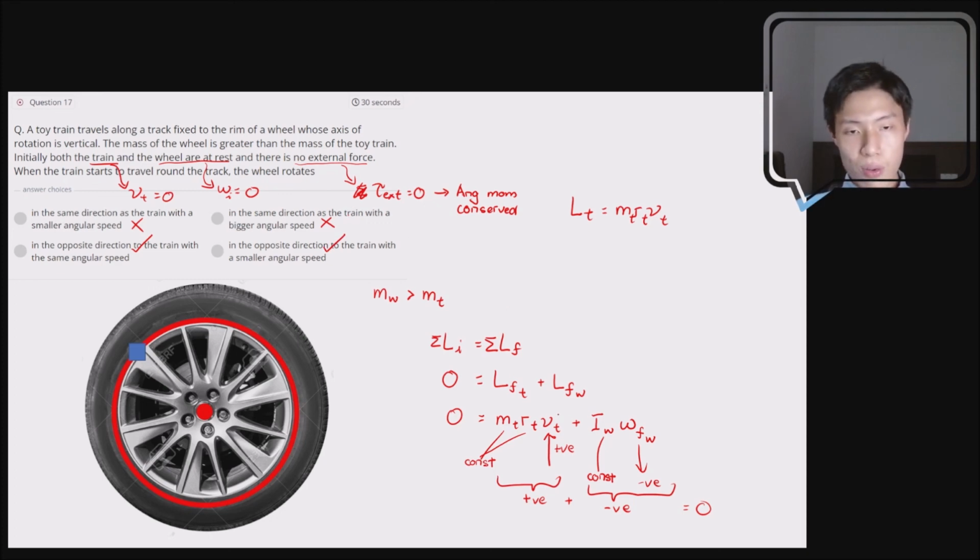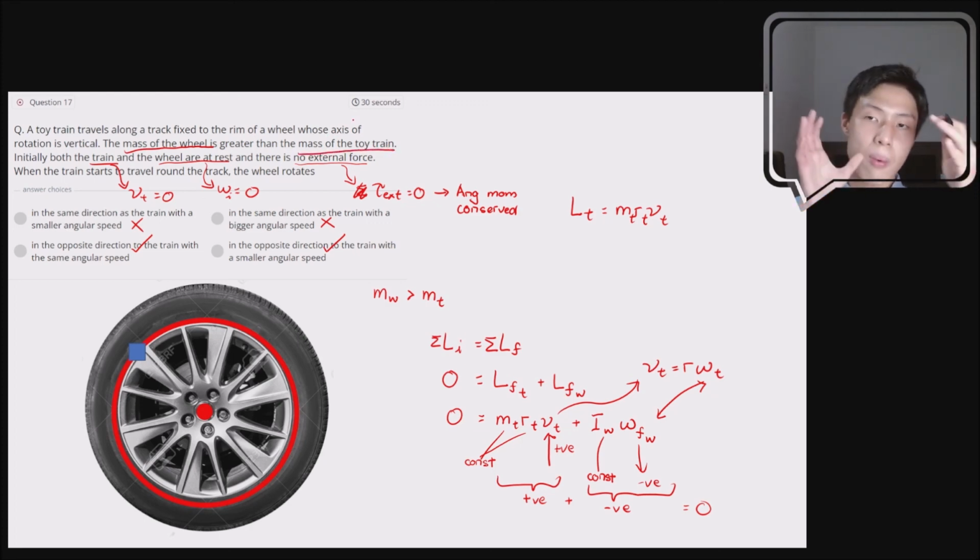So the v over here, the speed of the train, can be equal to r, the distance from the axis of rotation, times the omega of the train. Then you can compare this omega of the train with the omega of the wheel. But they mentioned that the mass of the wheel is greater than the mass of the toy train.